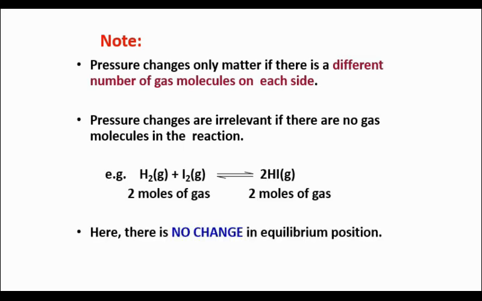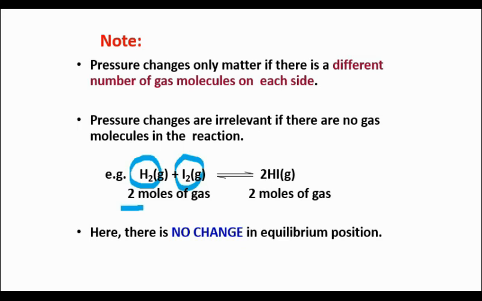Let's look at an example. We have H2 gas and I2 gas on the reactant side. The total number of moles of gas is 2, becoming 2 moles of hydrogen iodide.